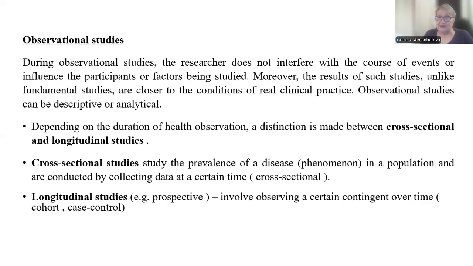Cross-sectional studies study the prevalence of disease phenomena in a population and are conducted by collecting data at a certain time cross-section. Longitudinal studies, or progressive, involve observing a certain contingent over time, cohort or case control.